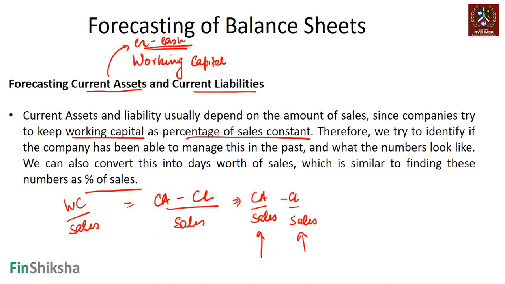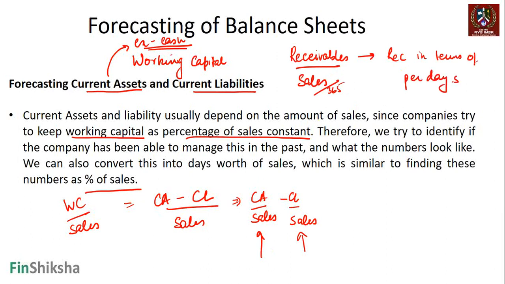Remember, if I divide it by this number, so let's say I take receivables and I find receivables as a percentage of sales. I can also just divide it by 365 here. So sales by 365. What that means is how much is receivables in terms of per day sales.